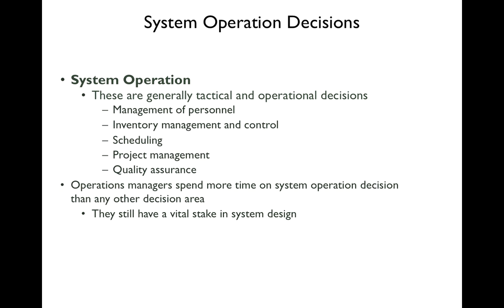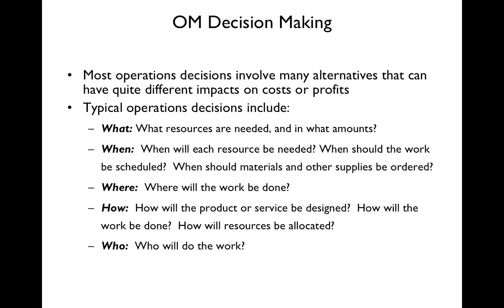Operations managers tend to spend more time on system operation decisions than on any other decision area, but they still have a vital stake in system design. So this is operations management decision making. Most decisions involve alternatives and might have quite different impacts on costs or profits. The typical operations decisions include what, when, where, how, who.